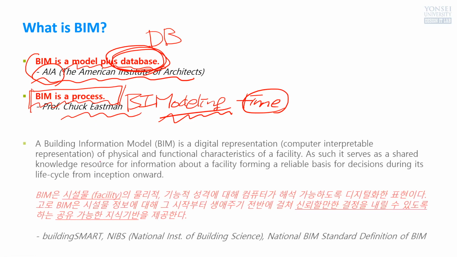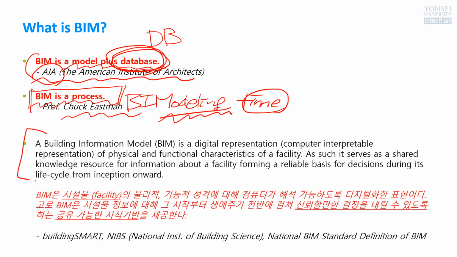Okay, anyway. But actually the formal and very representative definition by Building Smart, NIBS, National Institute of Building Science, they defined BIM in this way, very formal way in English and Korean. This is another definition you need to take a look. BIM is a digital representation of physical and functional characteristics of a facility.